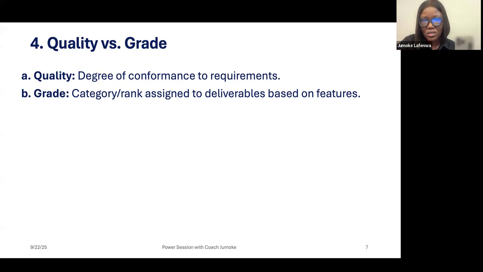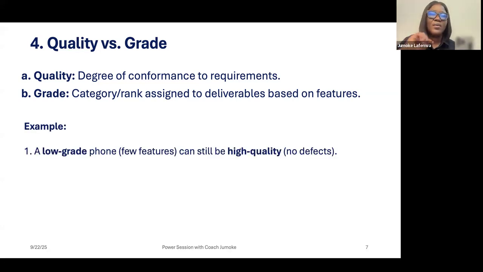based on their features. Now, I know that we can all relate with this example. A low-grade phone, that's a phone with few features, like our YAM, can still be a high-quality phone.